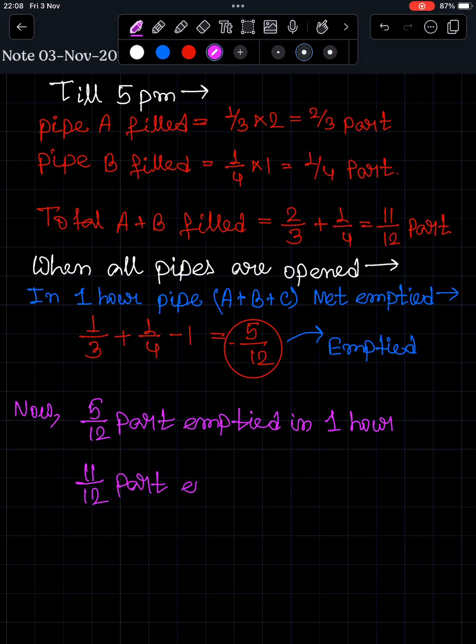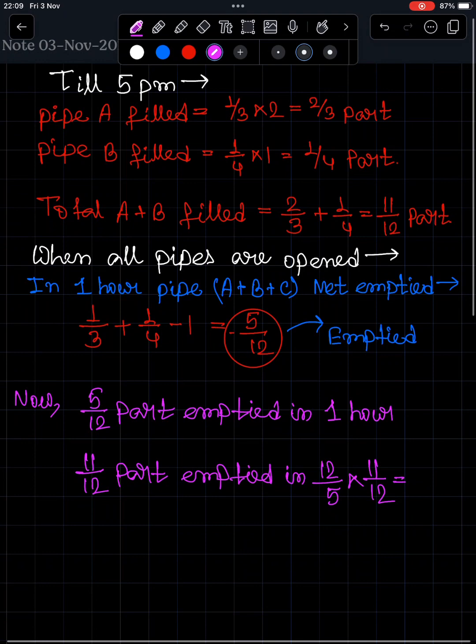So before 5 p.m., how much part of the cistern was filled up by pipe A and B? 11/12 part. Right. Before 5 p.m., the cistern was already filled up by pipe A and pipe B, which is 11/12 part.